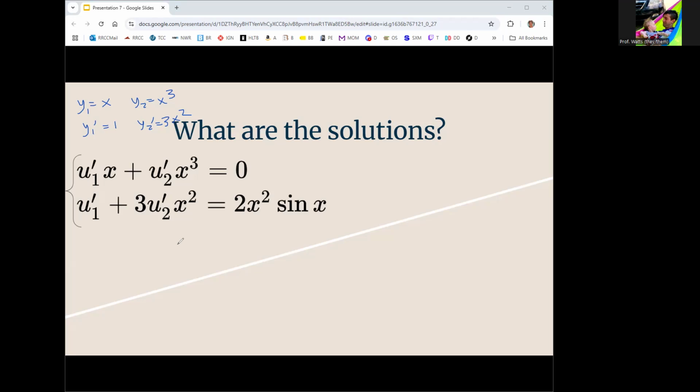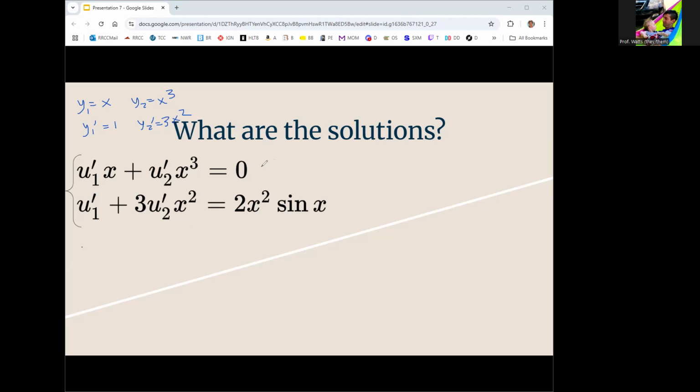I will check for the addition method, but actually, it is not that bad to do either method here. You could do the addition method or the substitution. I tend to go for substitution, and so that's what I'll show you here.